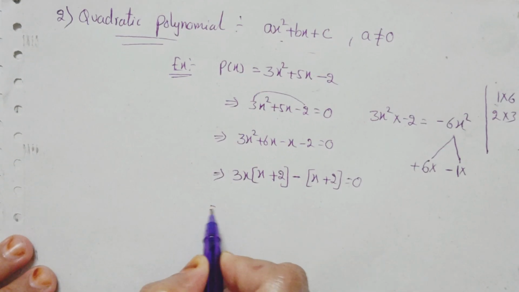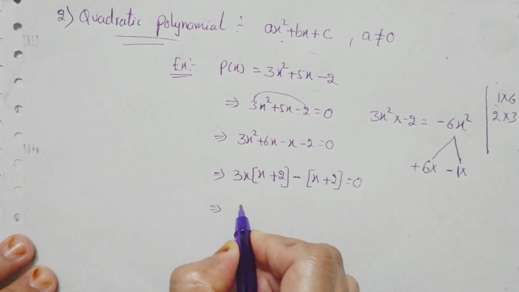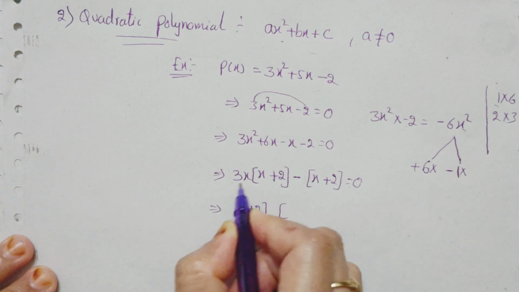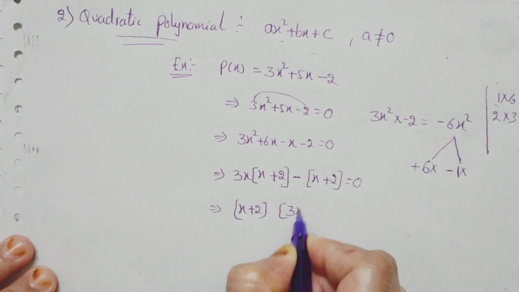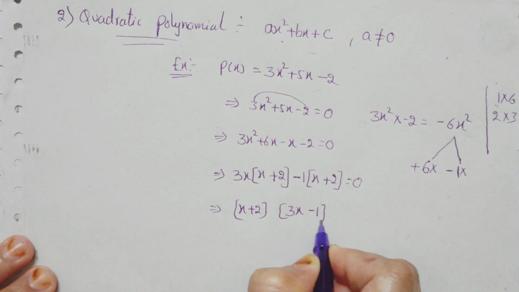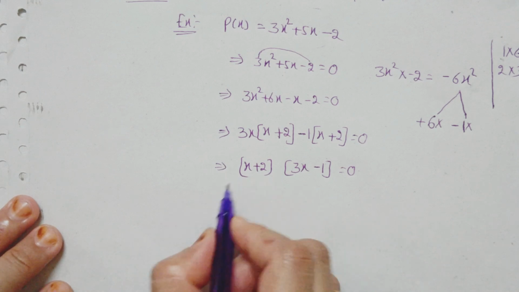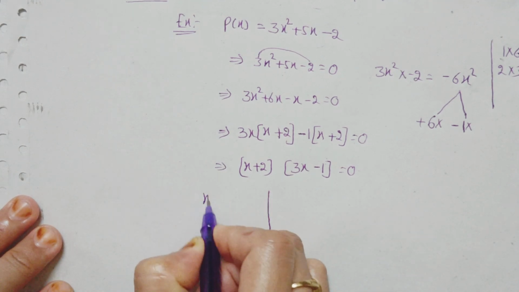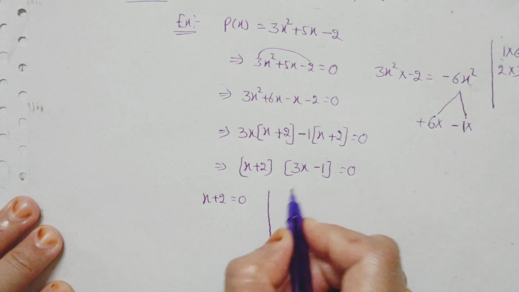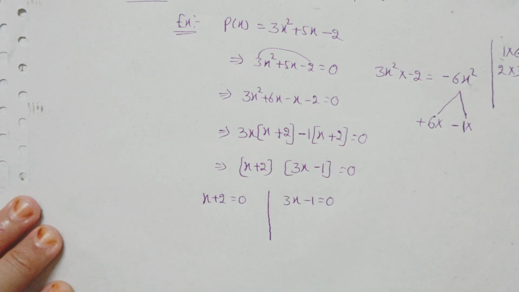Then the next step: again x + 2 is common, that's why I am taking out x + 2. X + 2 into, here 3x will be left, and here minus nothing is there, means 1. So 3x − 1 = 0. Here we are getting two conditions: one is x + 2 = 0, and another is 3x − 1 = 0.